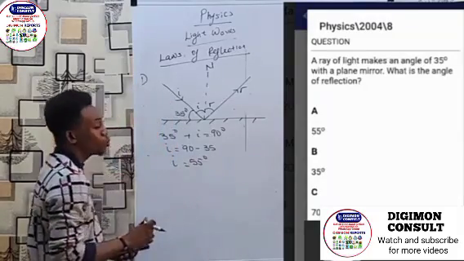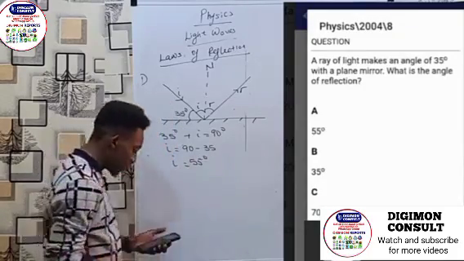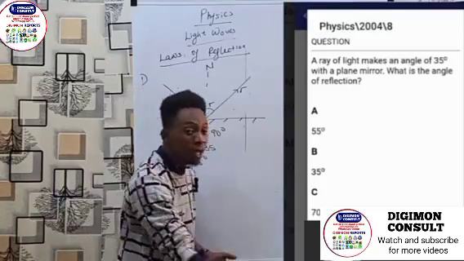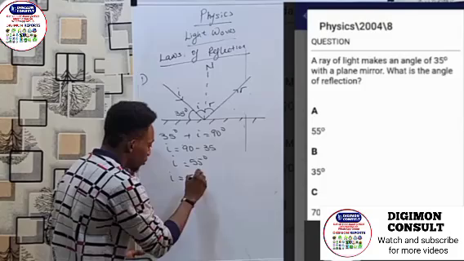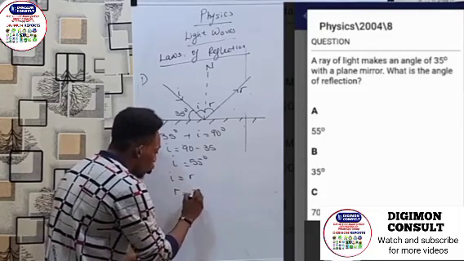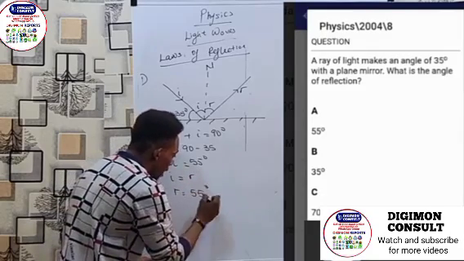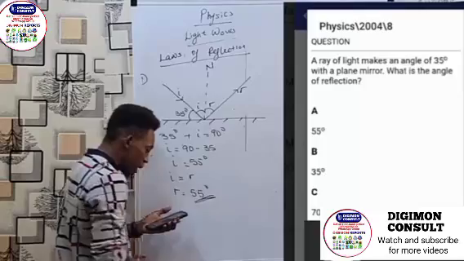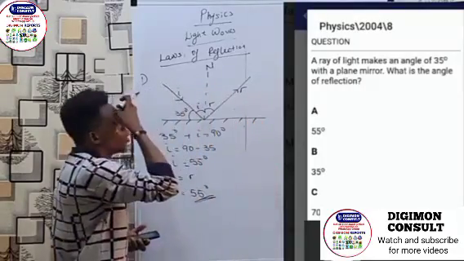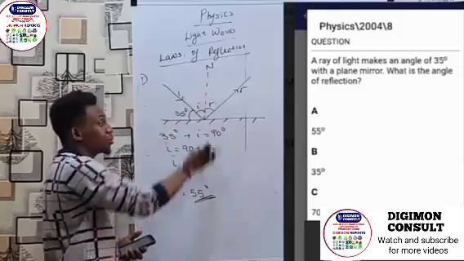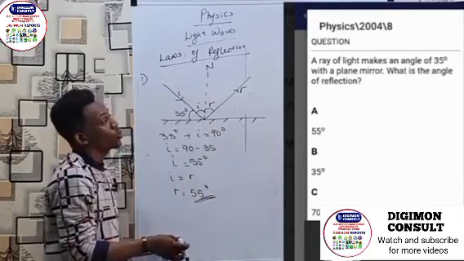And as we are told from the second law, the incident angle is equal to the reflected angle. So if my incident angle is 55, then my reflected angle must also be 55 degrees. And that is option A. It is that simple. So for any object being reflected, this is what happens.